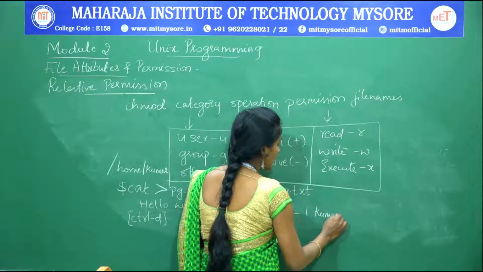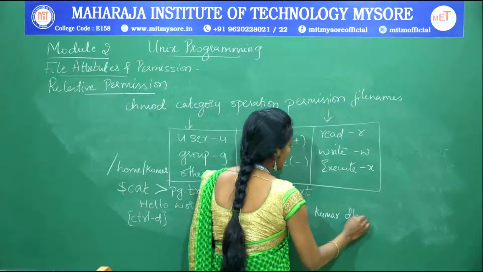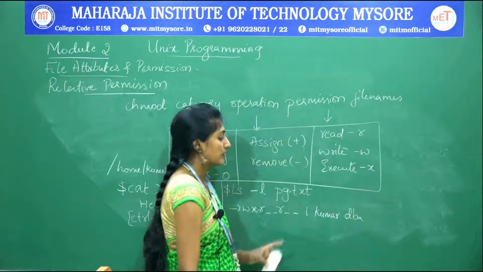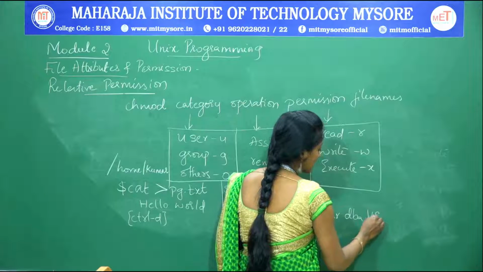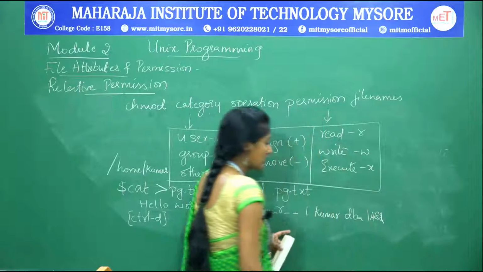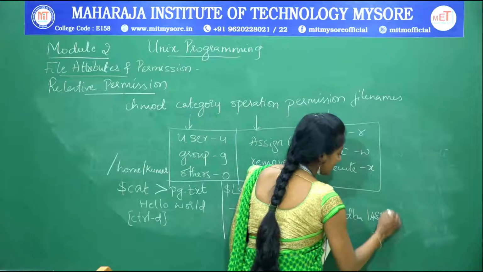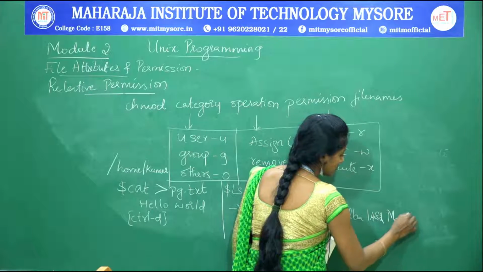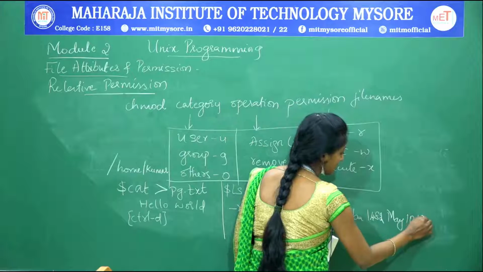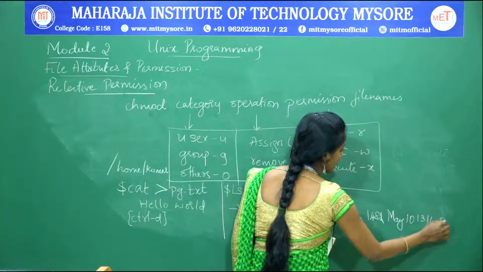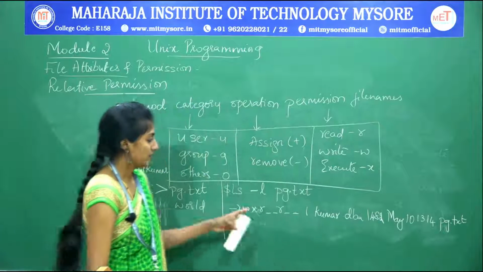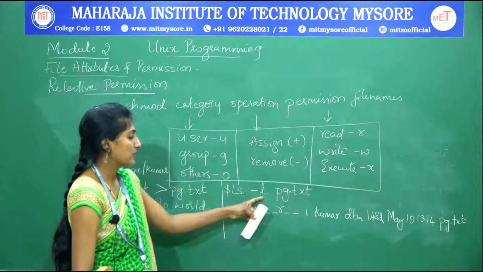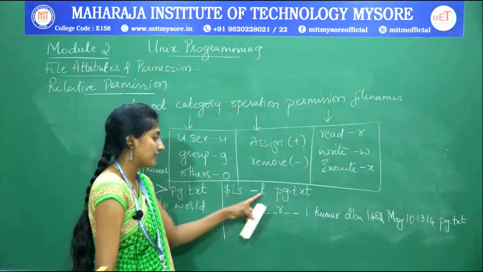This belongs to Kumar and this belongs to some group, DBA. After DBA it is going to display the file size, then the time, and finally the file name. This is the content of the listing displayed if you execute ls -l.